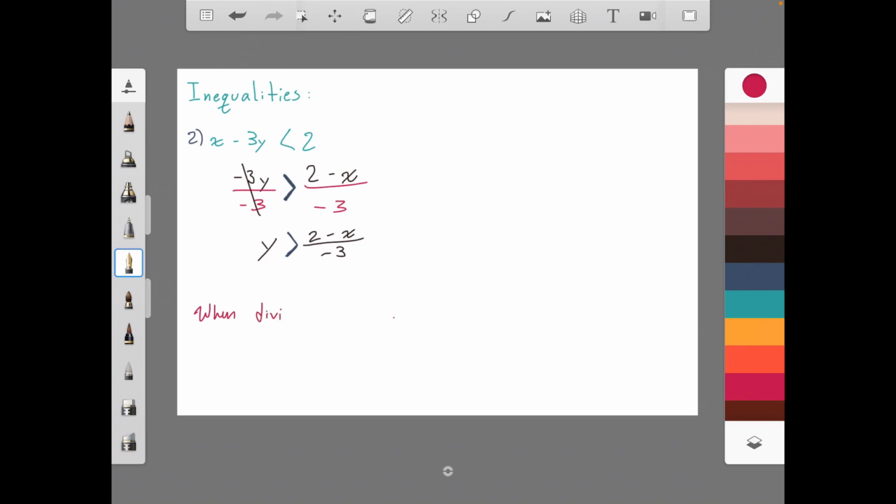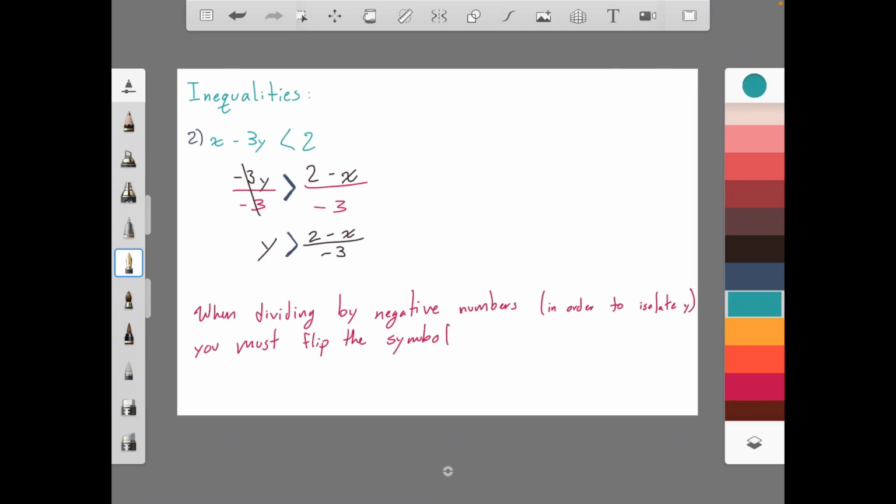When dividing by negative numbers, in order to isolate y, you must flip the symbol.